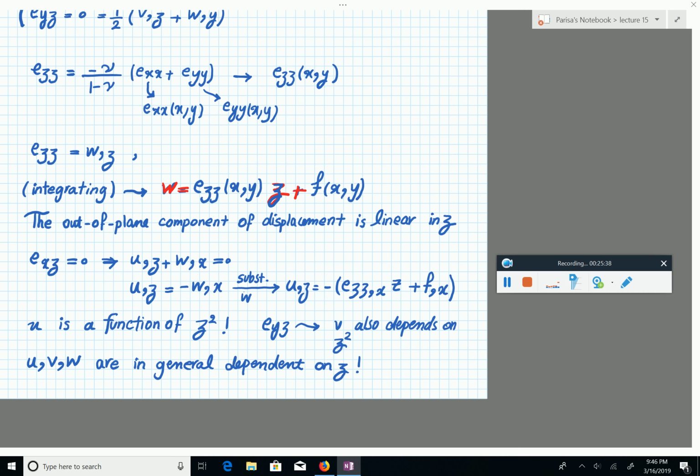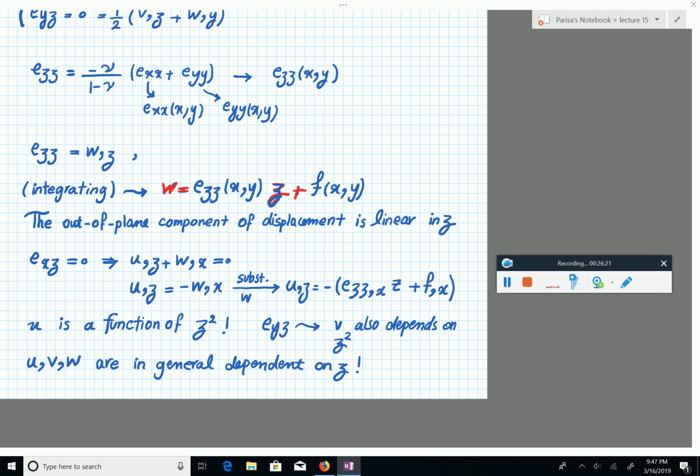So although this is planar stress, we see that unlike planar strain, not everything is going to be confined to a plane. The displacement is really a function of Z. And now, because of that, in the next series of equations that we are going to derive, you see that this makes some of the equations not go to zero, and then we have to make assumptions, and that's why the planar stress formulation is approximate.